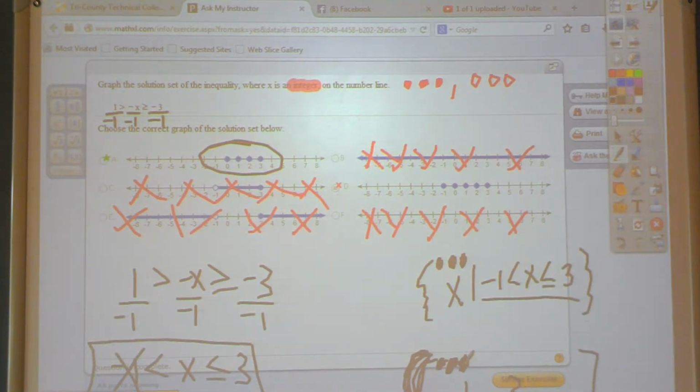So one side gets the bracket and one gets the parenthesis. Which side gets the parenthesis? The negative. The negative what? -1. And what side gets the bracket? Well, why do they both not get a bracket? That's the bracket right there, because it's less than or equal to. Okay.